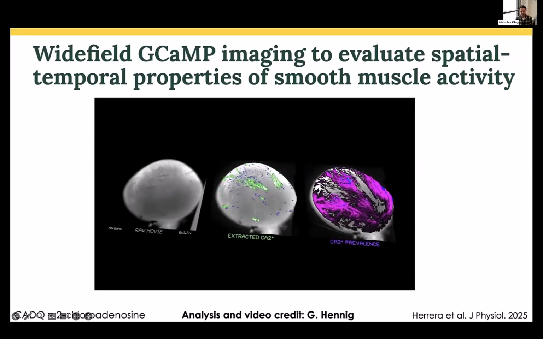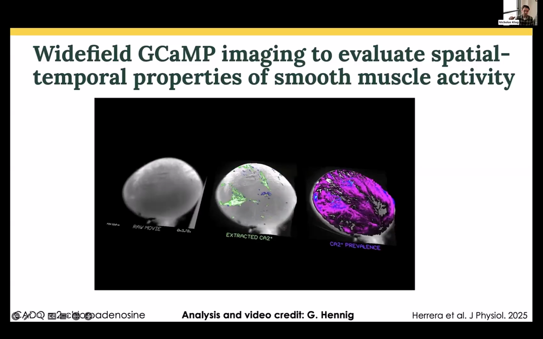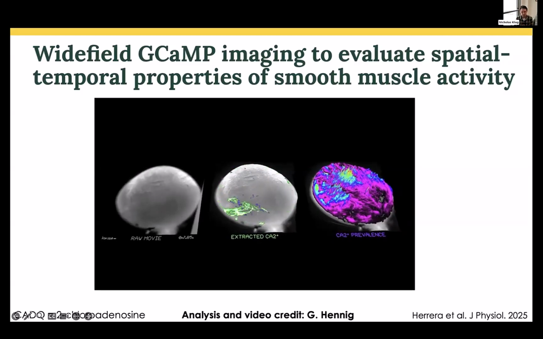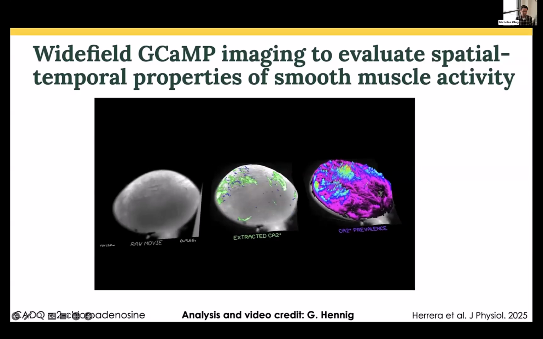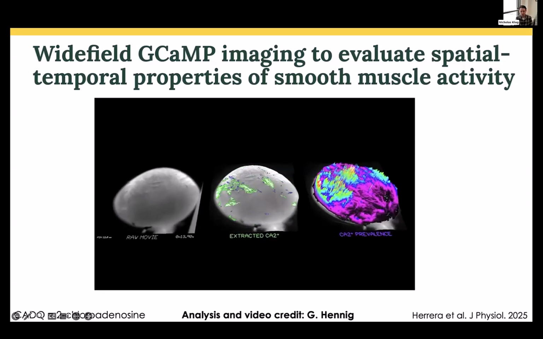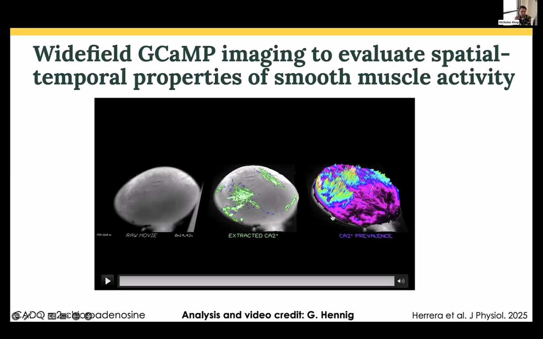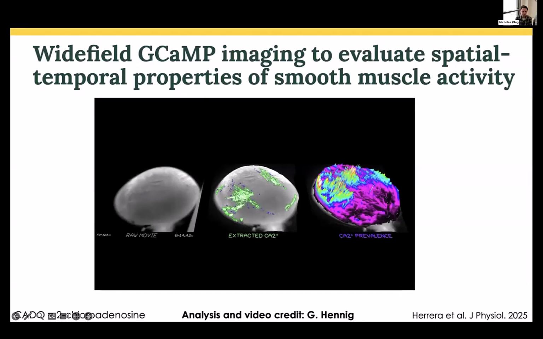The pressure traces are nice because they tell us a lot about smooth muscle cell contractility, but this tells us how it's coordinated across the tissue, so now we have some spatial temporal information. To do this, we utilized software developed by Grant and Hedig, where we're able to extract calcium events, which you see here in the middle panel, and then compile those on top of each other to look at where within the bladder the most calcium activity is occurring.